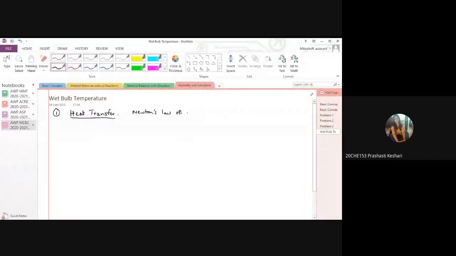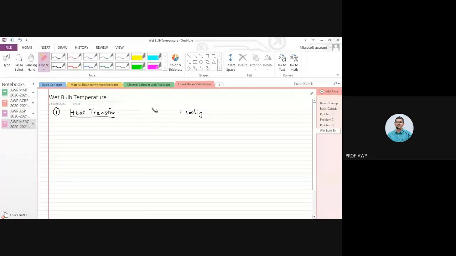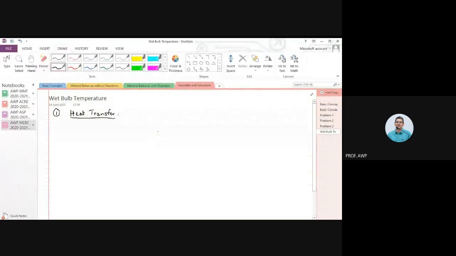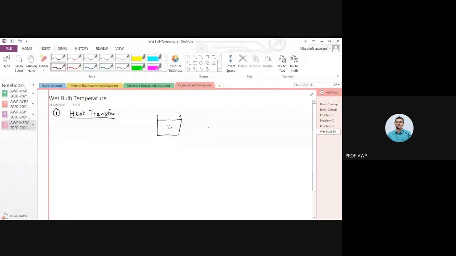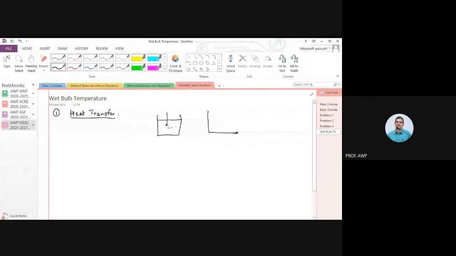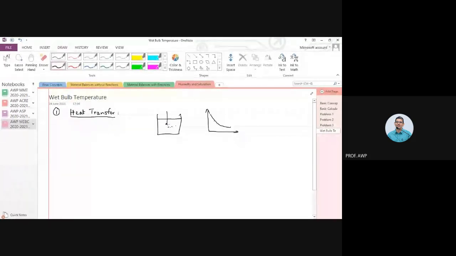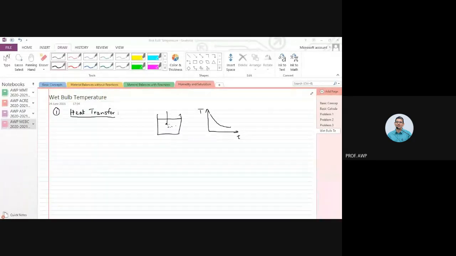Yes, sir. Do you recall that? What you do is you take a beaker containing some hot water, and you measure the temperature of that hot water, and you note down the temperature as a function of time, and the temperature falls exponentially as a function of time. Do you recall that?